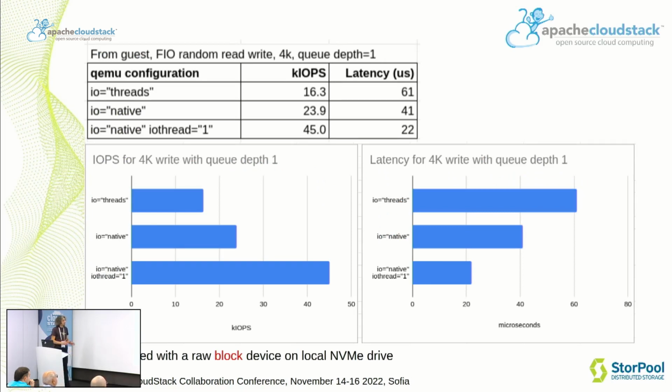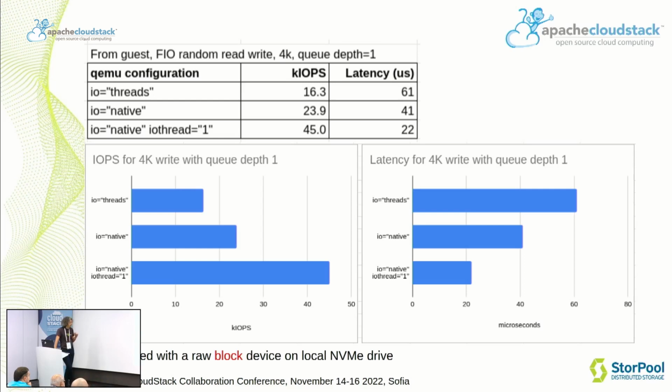This is a test made from a virtual machine that has a virtual disk backed by a local NVMe device on the host. In the virtual machine, we have run a FIO random write with 4K block size, queue depth of 1, to measure what is the latency of the write operations.